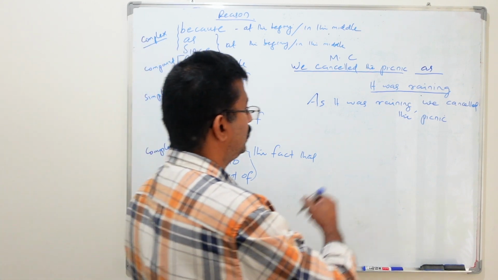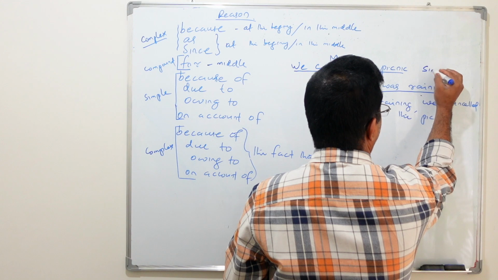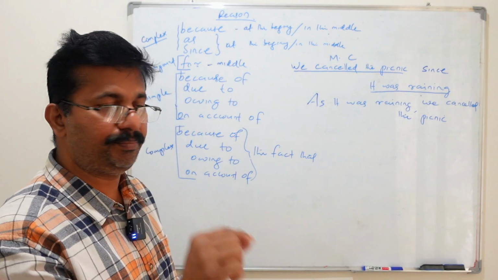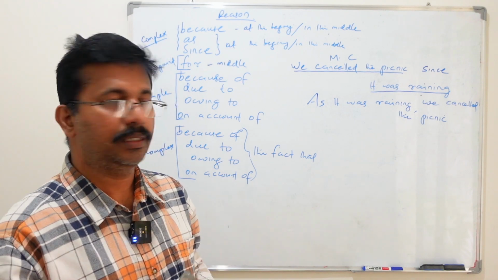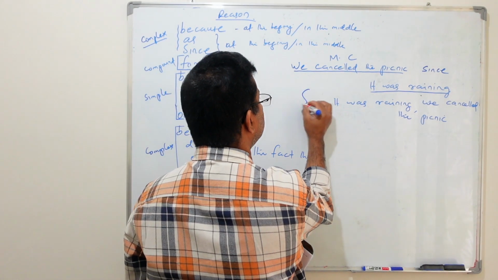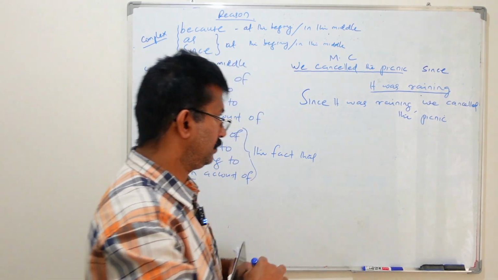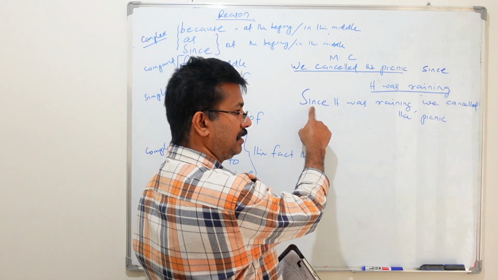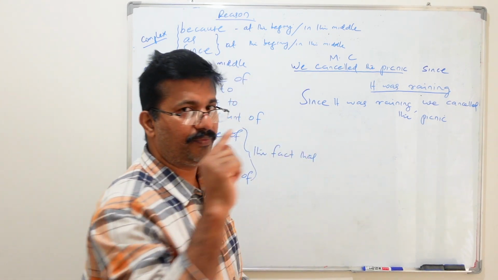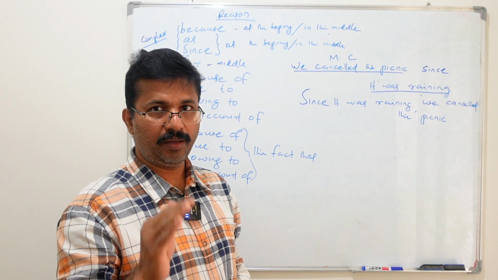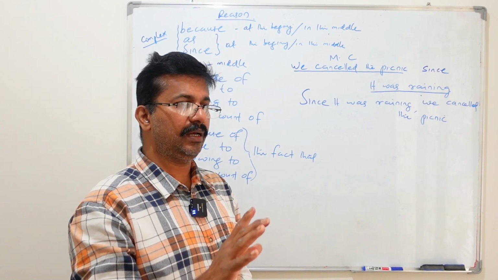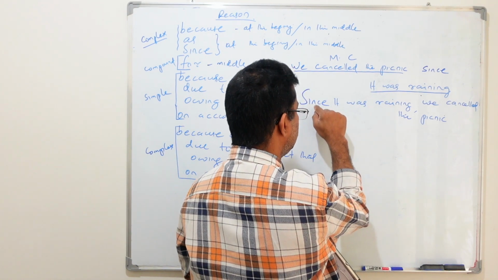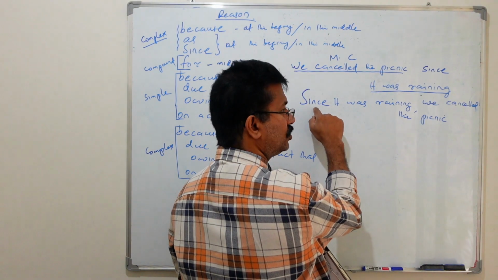Now I'm going to put since in the place of as or because. You get the same meaning. We cancelled the picnic since it was raining. Or you can say, since it was raining, we cancelled the picnic. This is showing reason. Since has different uses. I will explain that later. Here, since is used to show reason.